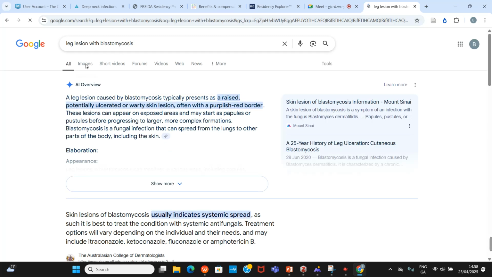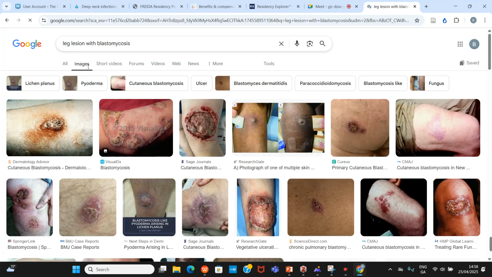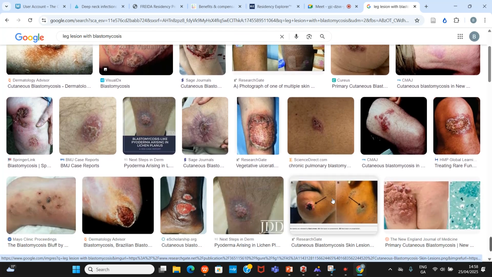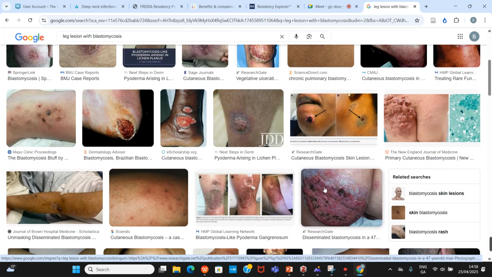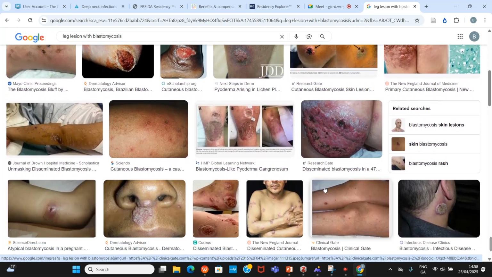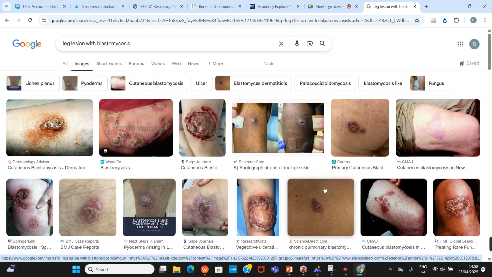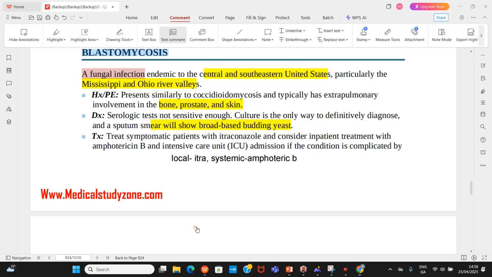It looks like a non-healing squamous cell carcinoma. So all these kinds of things are part of what we can get in the exam. It shows a much more chronic ulcerated lesion in the leg like this, and they do a stain, and we are seeing broad-based budding yeast. So think about the possibility of blastomycosis.